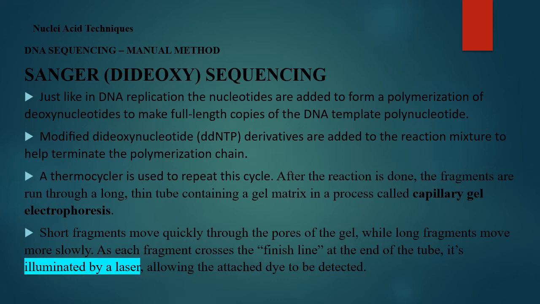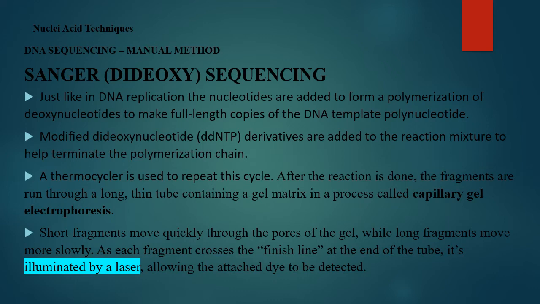Now, modified dideoxynucleotide triphosphates, ddNTPs, are added to the reaction mixture to help terminate the polymerization chain. So if you don't terminate it, it will keep replicating. So you need the ddNTP derivatives to cut short this polymerization reaction.